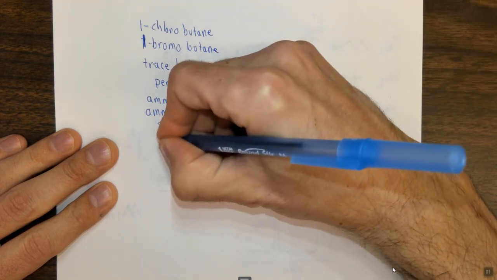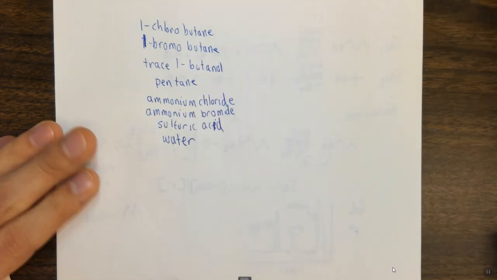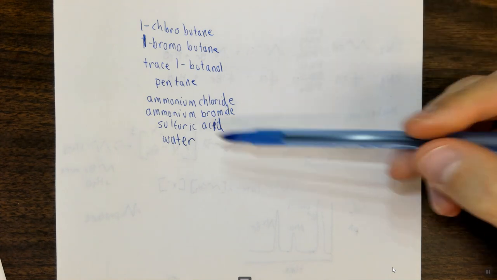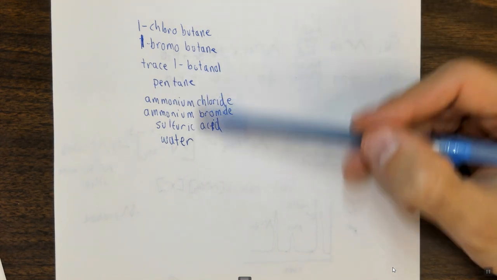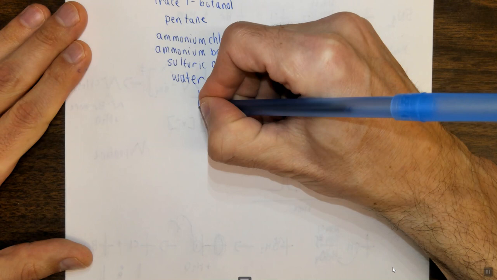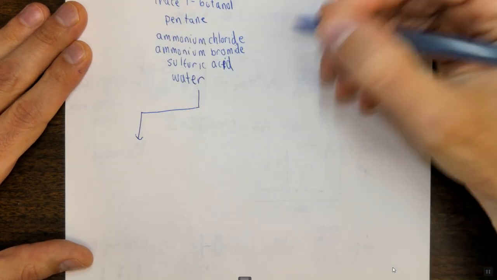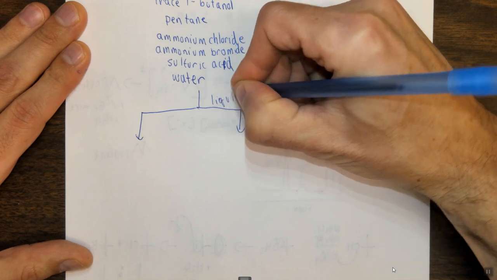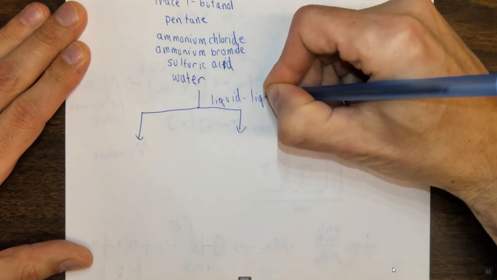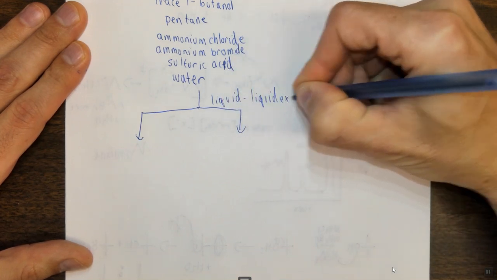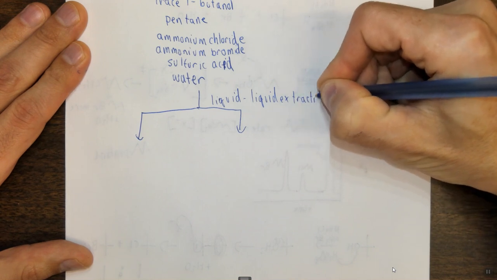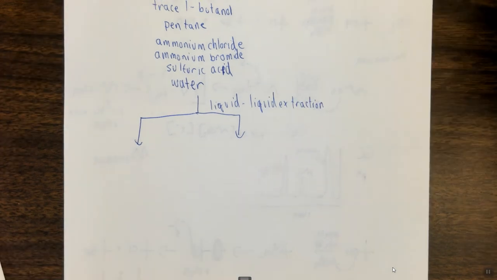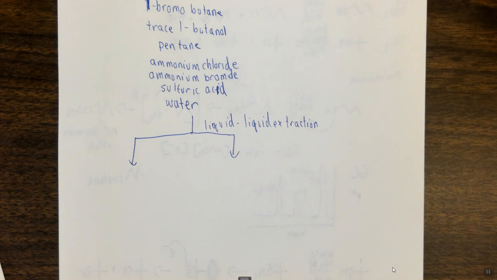And we're going to have water, because we're going to add a bunch of water. So now, look, we have pentane and we have water. We have 2 layers. So this is essentially a liquid-liquid extraction. So we're going to extract the 2 layers.